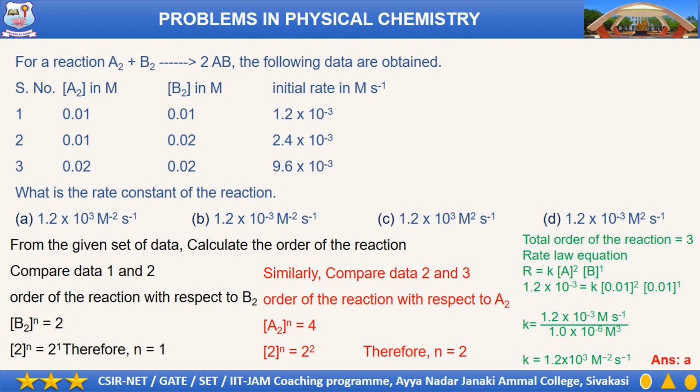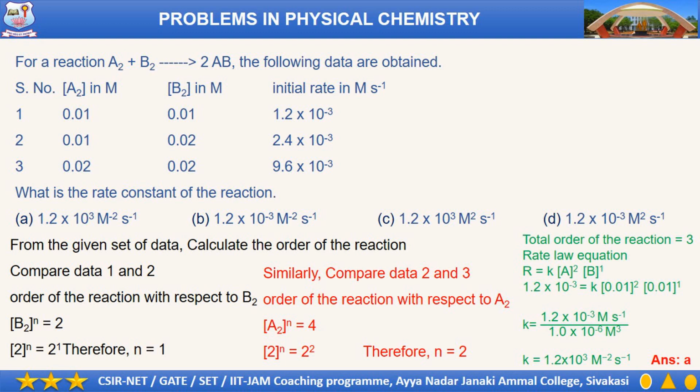You are not asked to find the rate law, but to calculate the rate constant. How to calculate the rate constant? You should know the rate, the concentration of A, and the concentration of B. Then only you can calculate the rate constant.